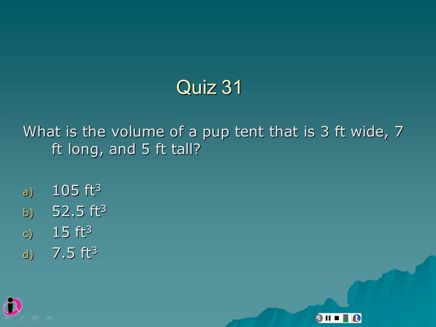Now the triangular prism, what is the formula? Half times base times height times length. So you basically multiply all three dimensions times half. So the formula should be half times 3 times 7 times 5, right? There are 3 dimensions given.